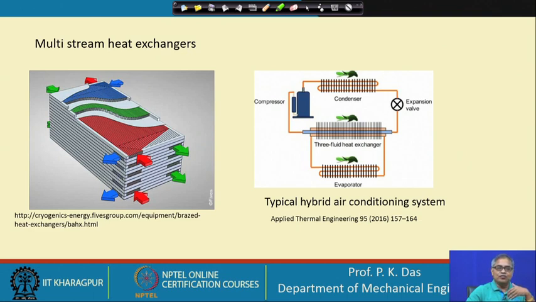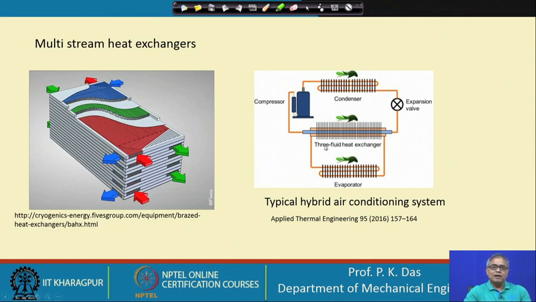Green indicates one particular kind of fluid, blue is indicating another fluid, and then red is the third fluid. So, these 3 fluids are passing through the same heat exchanger. Plate fin heat exchangers are very good for multi-fluid operation.